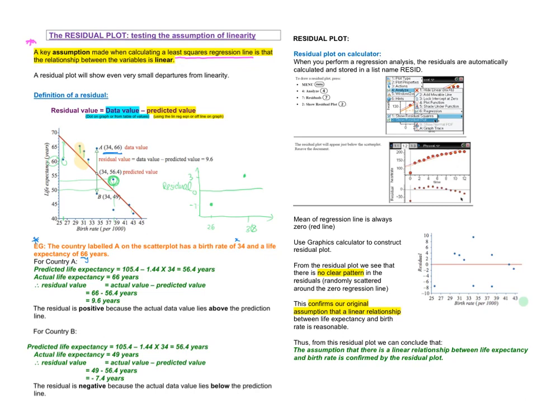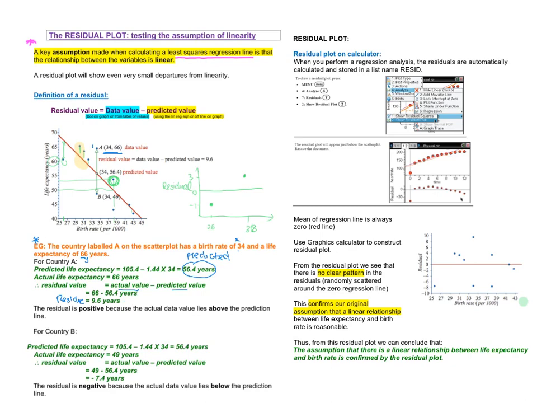That's actually what happened. Now, if I pop the 34 into the formula, we get a prediction of 56.4. So the formula predicted that. We can work out the residual by going actual minus predicted, and we see that A has a residual of 9.6, and that makes sense because it's above the line, so it'll be a positive one.